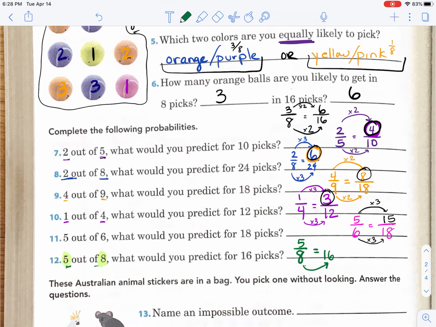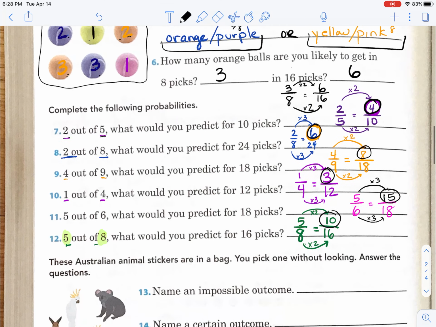If I pick 16, that's my new denominator. What's my new numerator? 8 times what is 16? 8 times 2 is 16. What I do to the bottom, I also do to the top. 5 times 2 is 10. So if I was picking 16 gummy bears out of the bag, I would guess that 10 of those would be red because that's the probability.